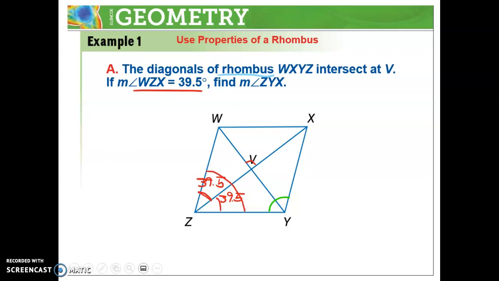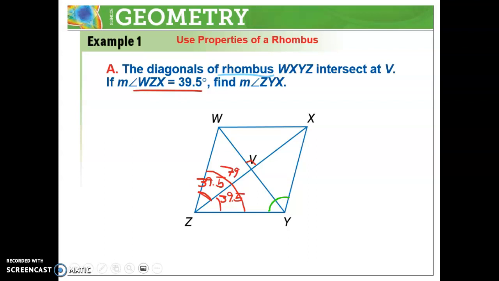I'm going to get my calculator out to help us here. 39.5 times 2 gives us an answer of 79 degrees.